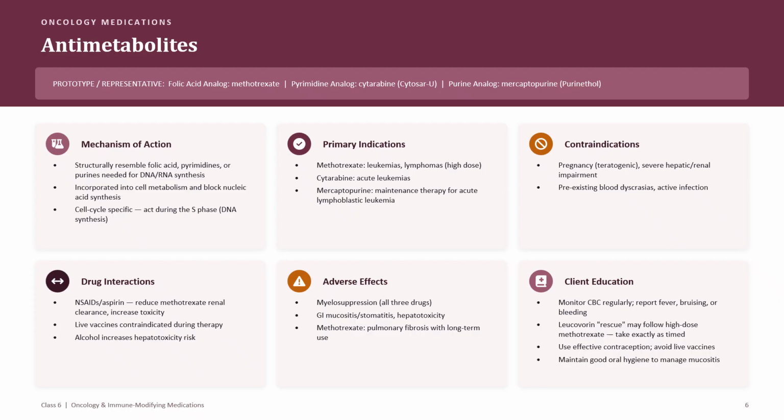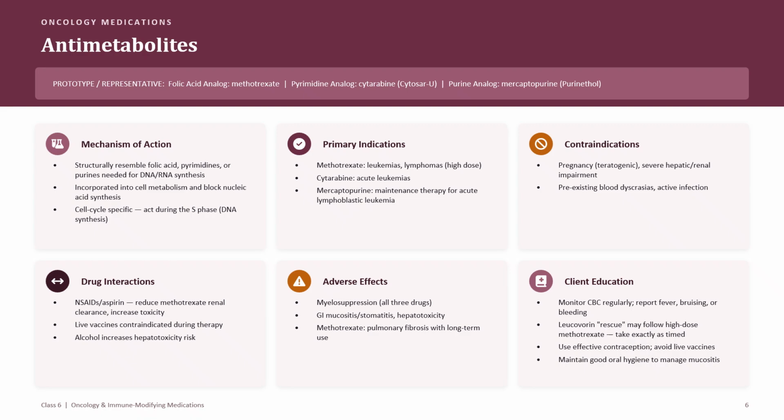After a high dose of methotrexate, patients get a rescue medication called leucovorin, and this medication is timed precisely. So leucovorin essentially replaces the folic acid that methotrexate blocked.